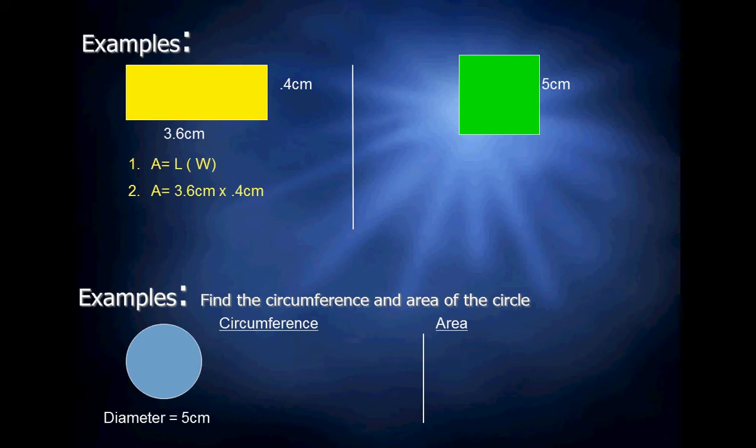Square. So it's 1.44 square centimeters, centimeters squared. What you do to the numbers, you also need to do to the units. So we multiplied 3.6 times 0.4. What did we get when we multiply centimeters times centimeters? Centimeters squared. 1.44 centimeters squared.